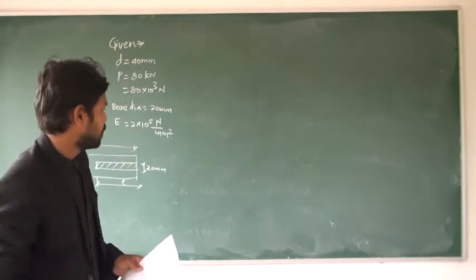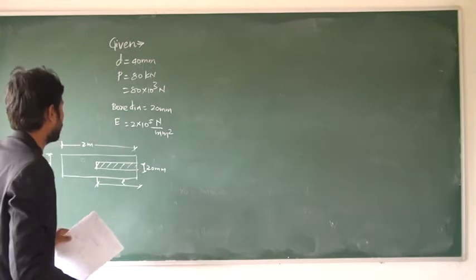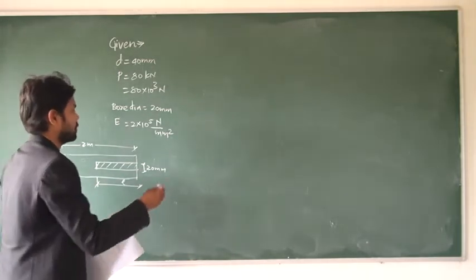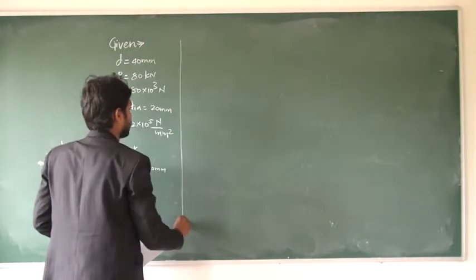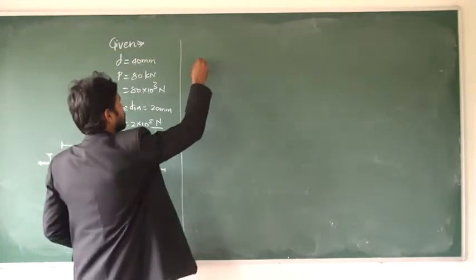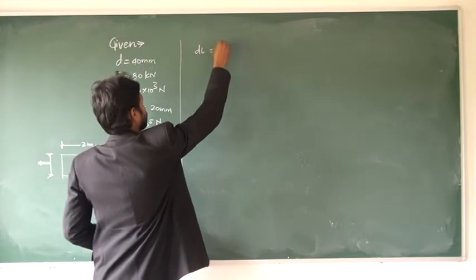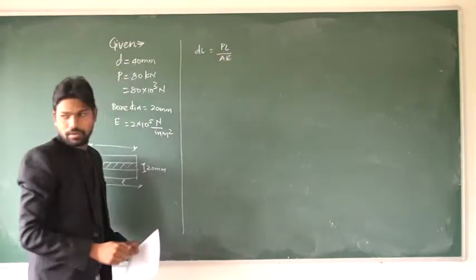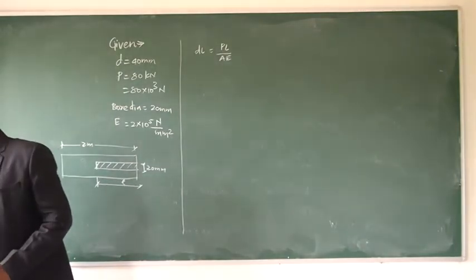First of all, we will calculate the extension in the rod when the central hole was not there, the first case. What is the formula for extension? dl is equal to PL divided by AE. That is the formula for the extension.